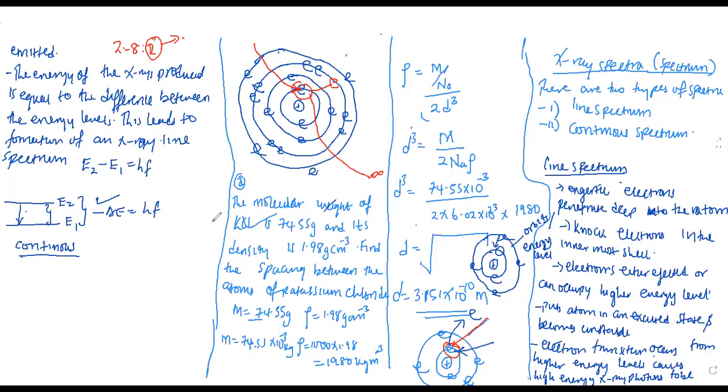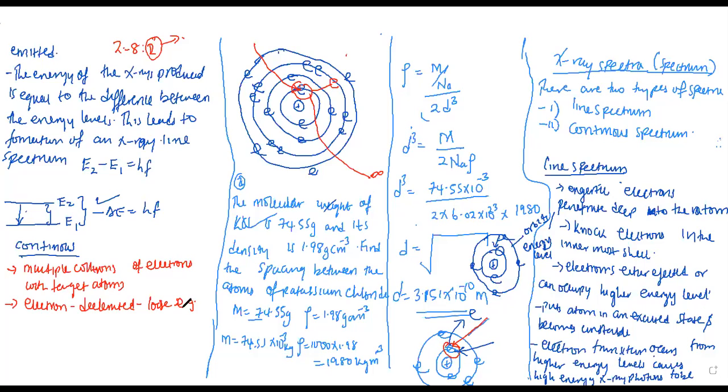I will not write a lot because if I write a lot, time will not be enough. So I was saying, this one has multiple collisions of electrons with target atoms. The electrons are decelerated. When they are decelerated, they lose kinetic energy, or they lose energy.